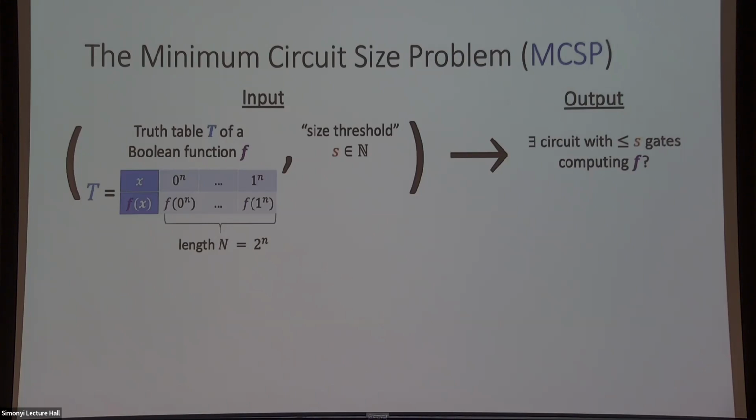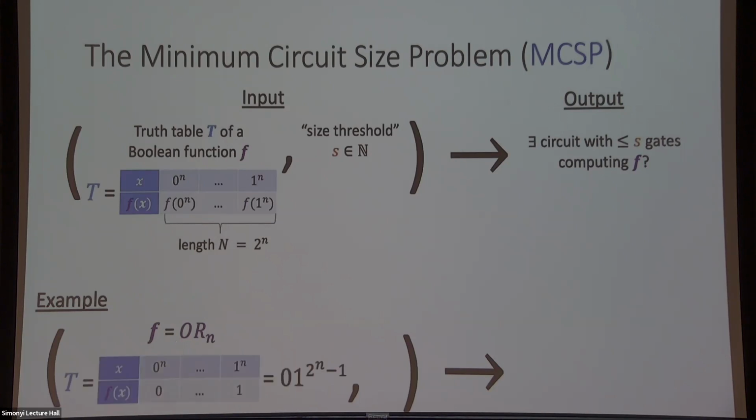Okay, just in case, I'll give a quick example. You could consider the OR function, which takes n bits and says, is at least one of them 1. Then you could write down its truth table, which is just going to be 0 on the first bit and then 1 everywhere else. This is a really long input.